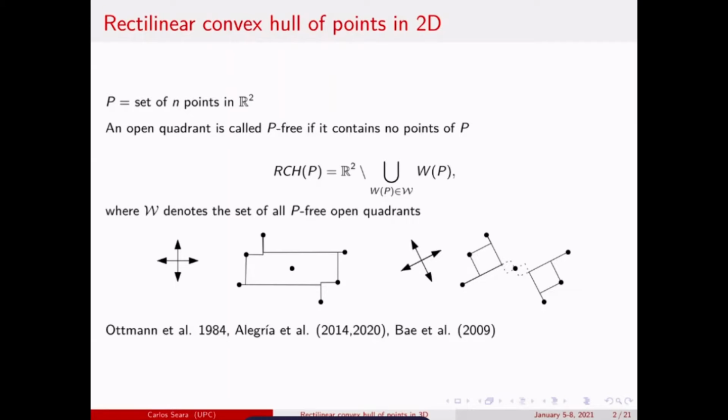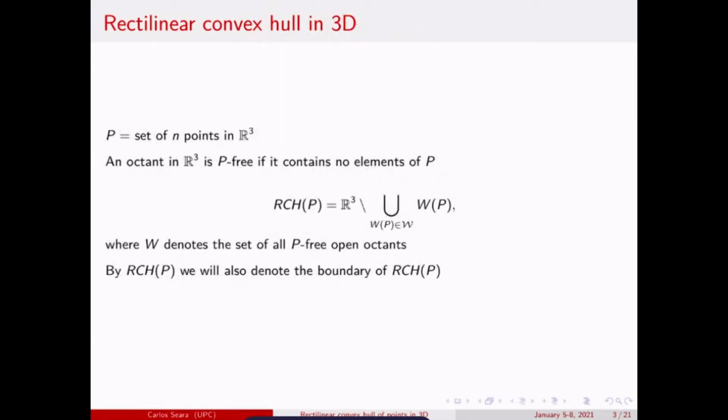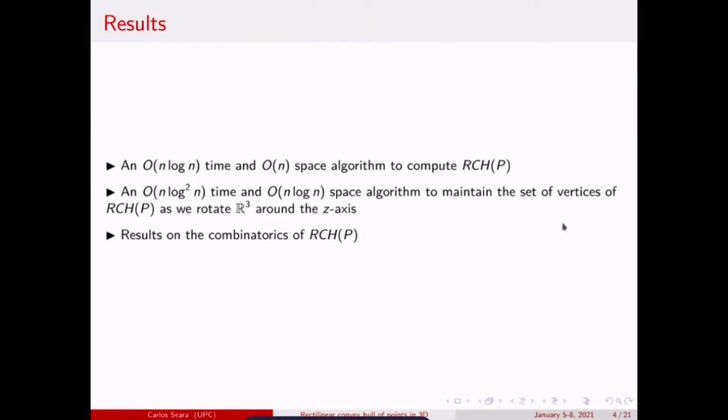So the paper here is trying to compute the rectilinear convex hull of points in 3D. Next slide. For that we do the same, but taking the octants. Can you change to the next one?